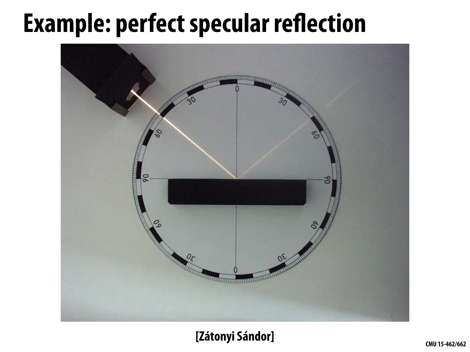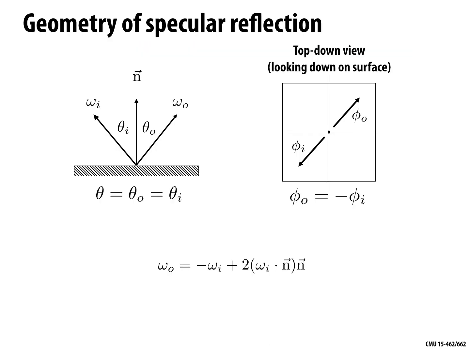Here's a nice photograph illustrating the example of perfect specular reflection. So we're shooting this beam of light in, hitting this mirrored surface, and we see this beam of light coming out in this direction that looks symmetric in some way. So what exactly is the direction of specular reflection? Well, we can express it in two different ways.